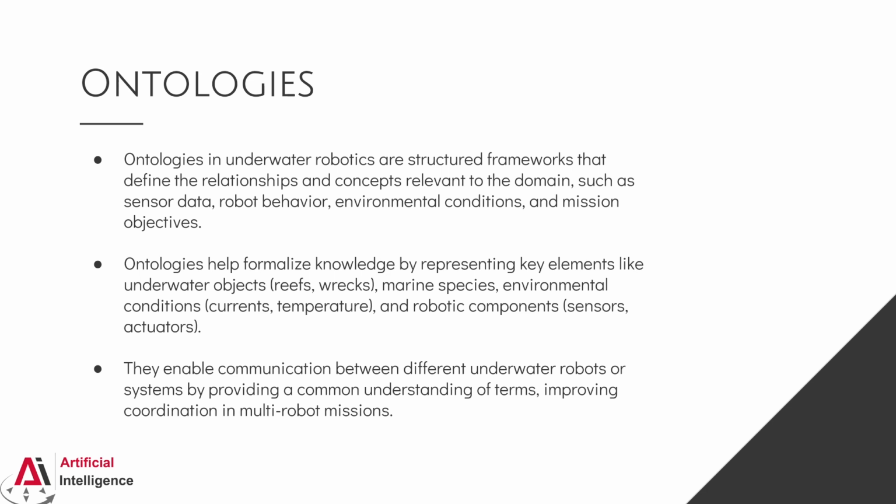So we are talking about ontologies about subsea stations, right? And they represent key elements in that environment, like marine species, environmental conditions, all these components of robots that are mapped or translated into this ontological structure.